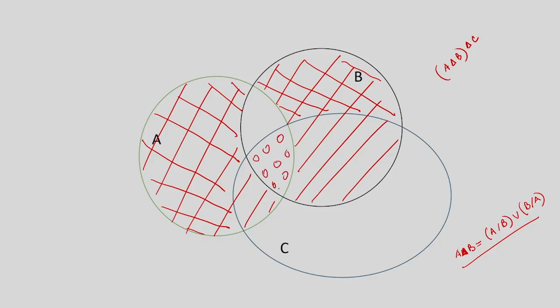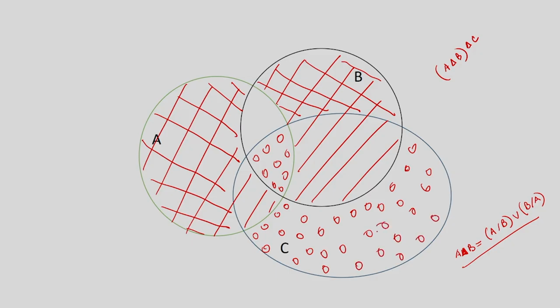This belongs to C, this circle things, they belong to C, but they do not belong to A delta B. Similarly, this region also, they belong to C, but they do not belong to A delta B. Okay.